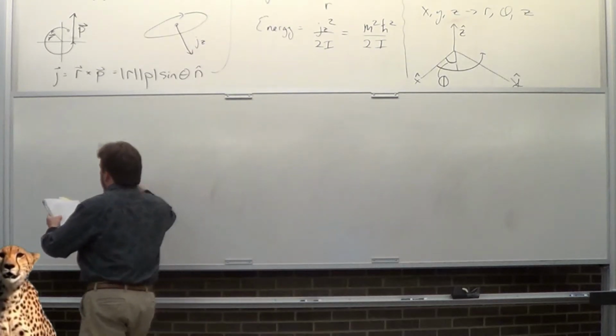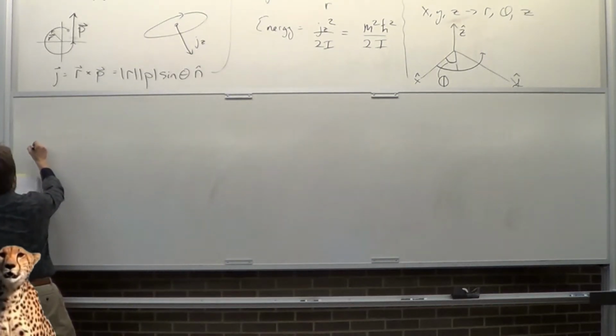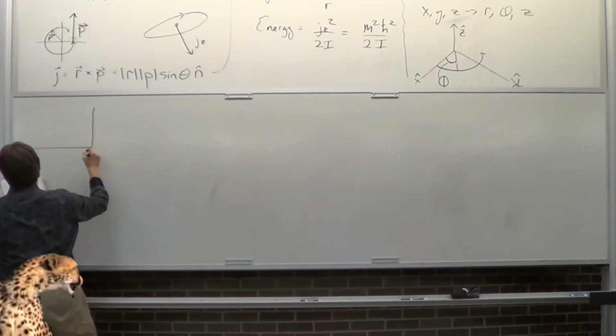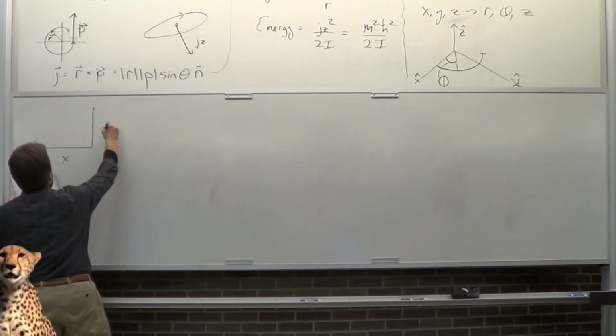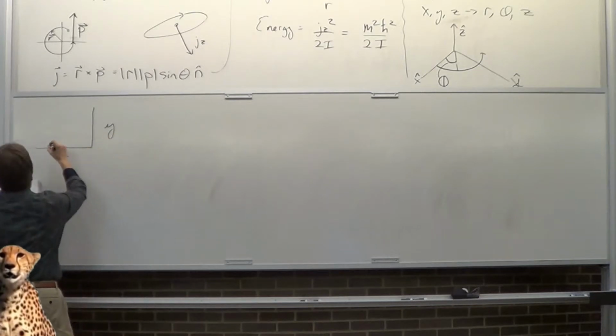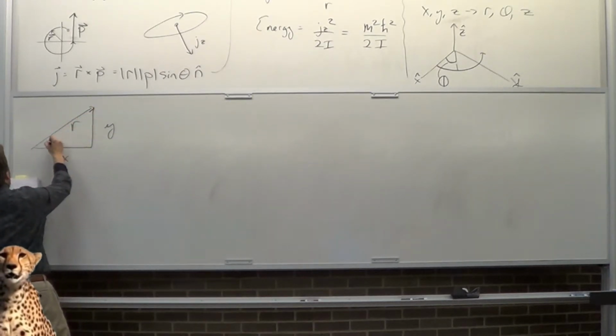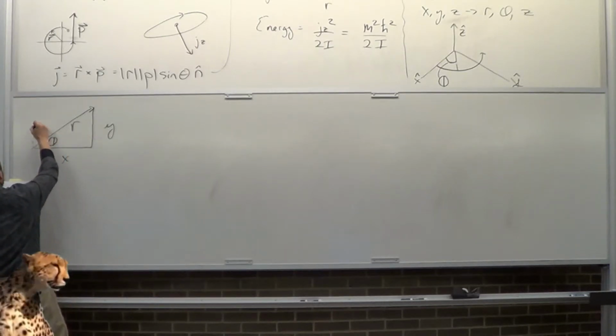So let me remind you of all of this here. I'm going to rotate what I just did back into a normal representation. So let's take the vector r, and here it makes angle phi.